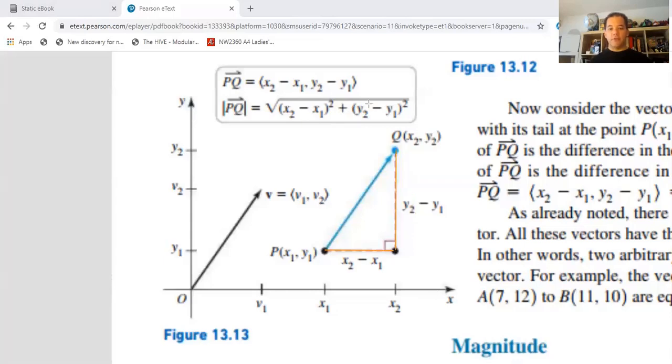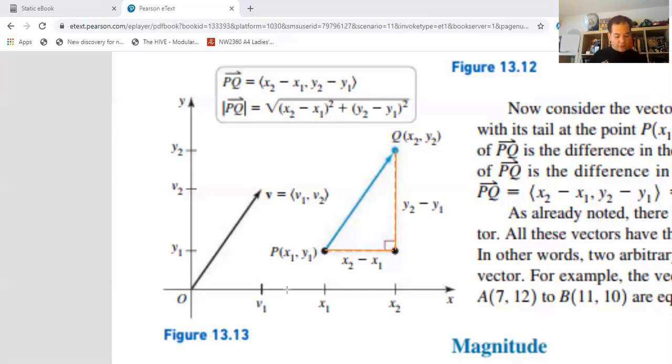So those are the numbers you add: (x2 minus x1) squared plus (y2 minus y1) squared, right? Alternatively, if you have a position vector, then this is at the origin. So you just need to use the v1 coordinate squared plus the v2 coordinate squared.